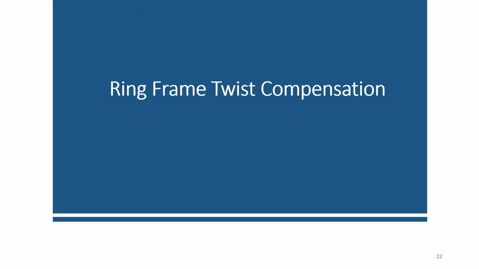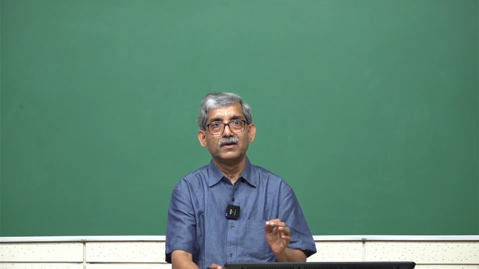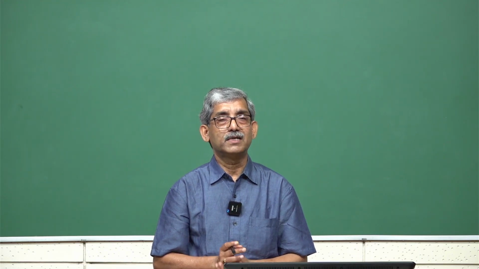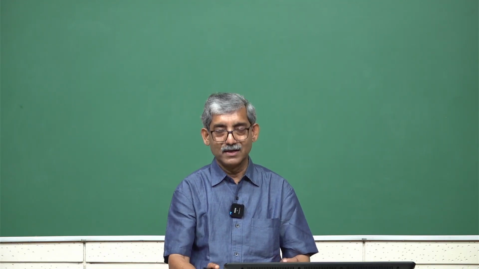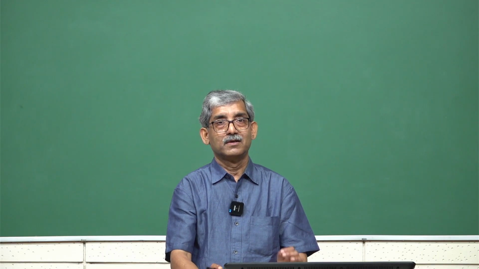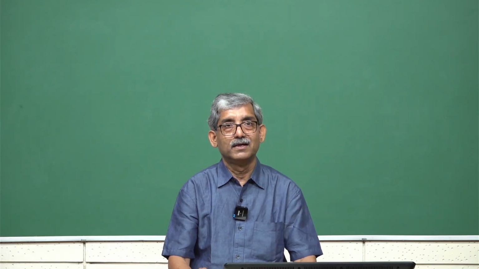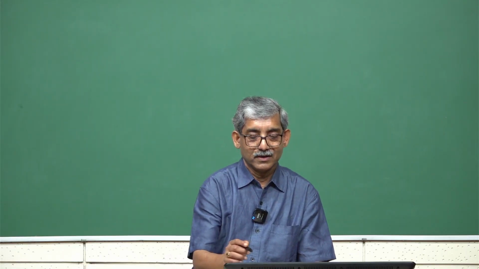Now, we will discuss twist compensation in the ring frame. It is very important. Let us try to understand how the twist gets compensated in ring spinning. What is twist in ring spinning?